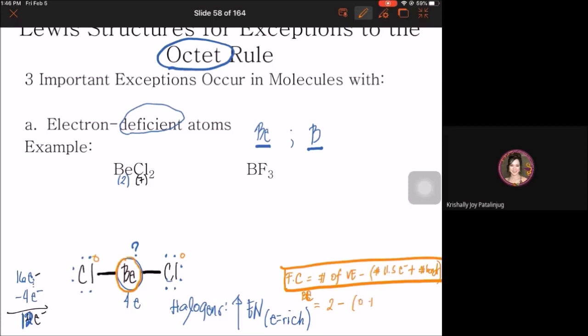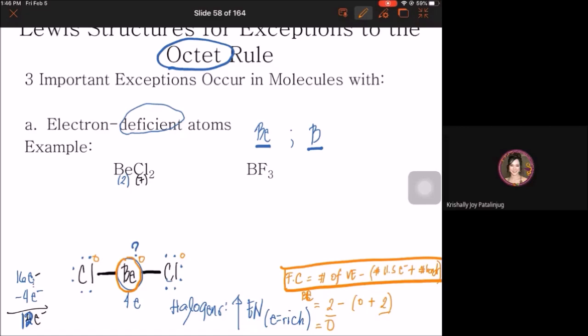Then, the number of bonds is 2. So, 2 minus 2, 0. The moment na walang charge, yung formal charge ng atom na yan in that molecule, meaning, it is at its stable binding. Yan yung pinaka-stable binding talaga nila kasi walang charge.